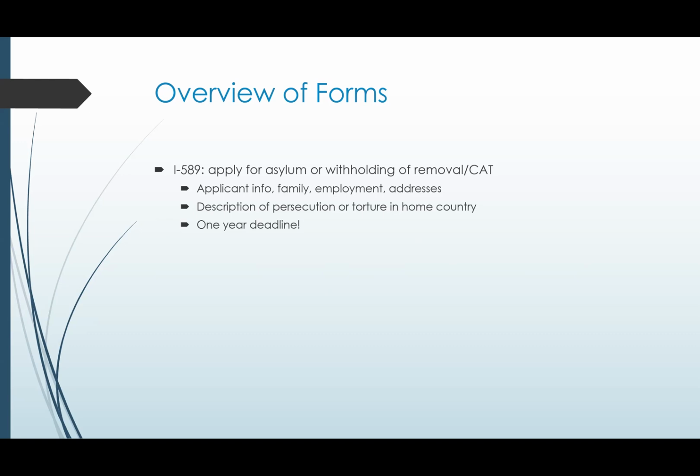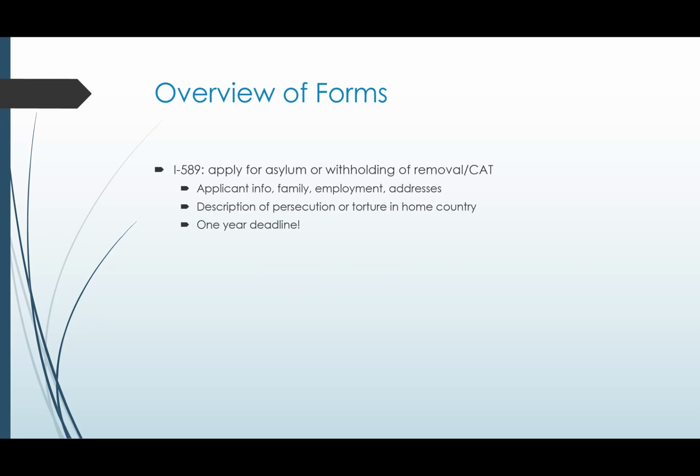And the other thing I want to point out about the I-589 is it actually can be an affirmative or a defensive form. I think the majority of our cases are people who are applying for asylum in immigration court. So it is going to be accepted and reviewed and adjudicated by the immigration judge. Now, we do have some clients who are not in immigration court proceedings.